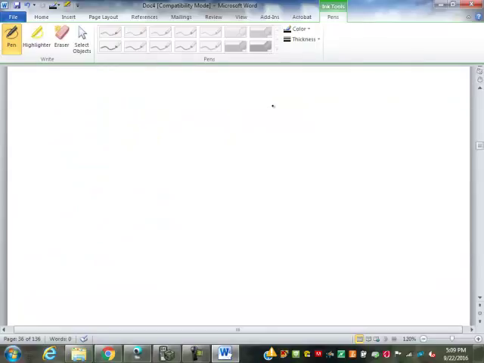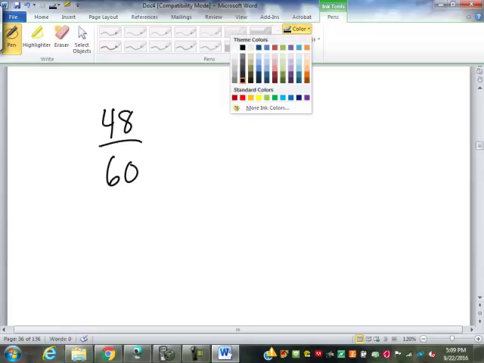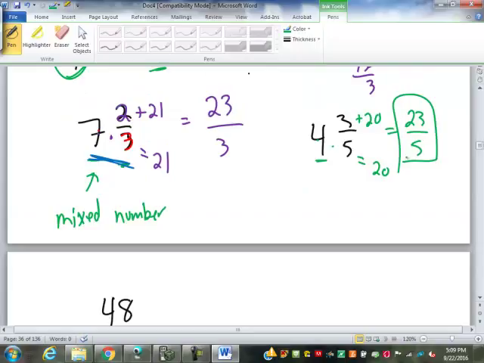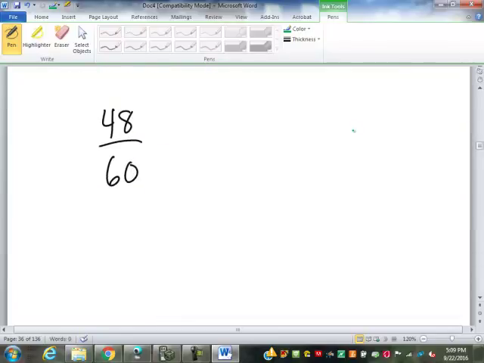So why is it that we were so worried about factoring? Well, let's go back to our 48 over 60. 4 times 5 is 20, but then you have to add it to the 3. Go back to reducing our 48 over 60.